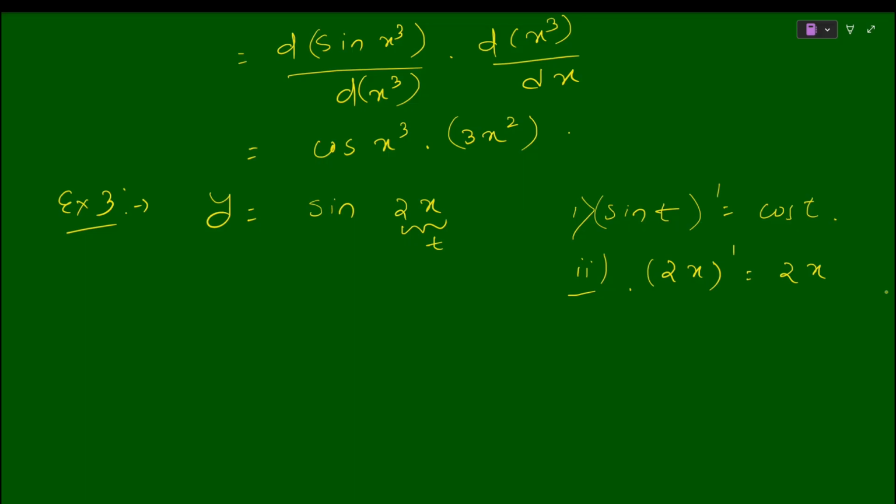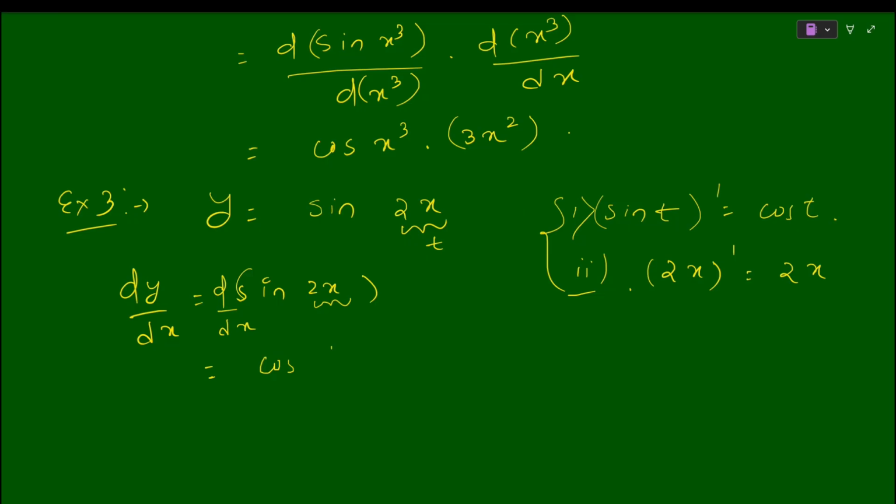Okay, so let's sum up these two steps and use this formula. Then dy by dx is d by dx of sine 2x. Okay, so I am treating this function as t. What will be the derivative of sine t? Sine t derivative with respect to t would be cos t.